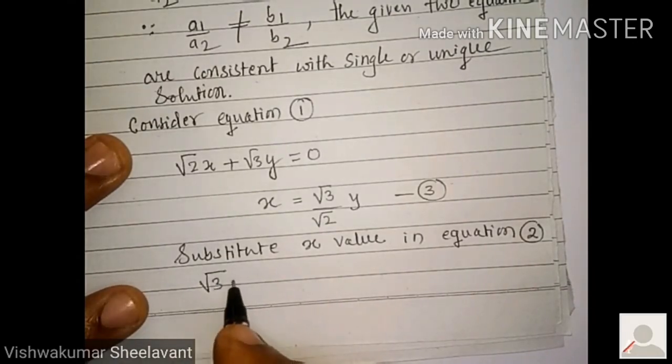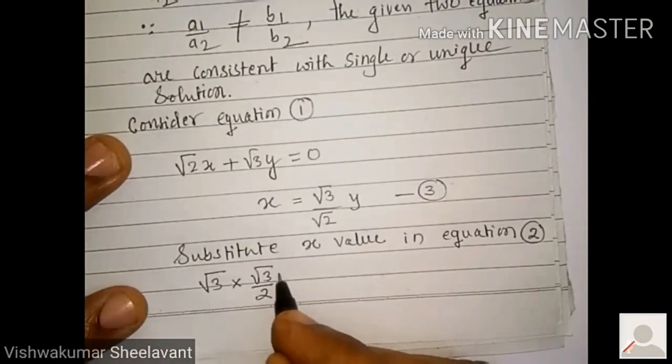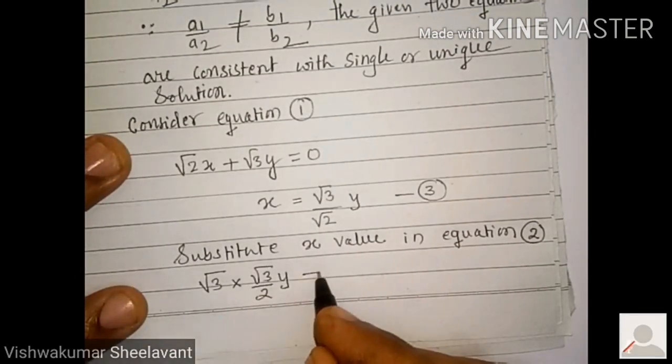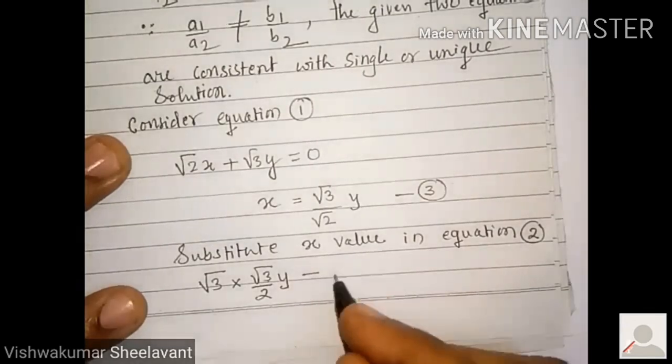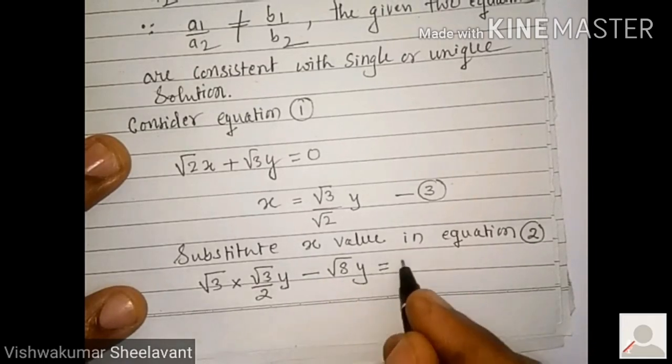So root 3 into root 3 by 2 y minus root 8y equal to 0.